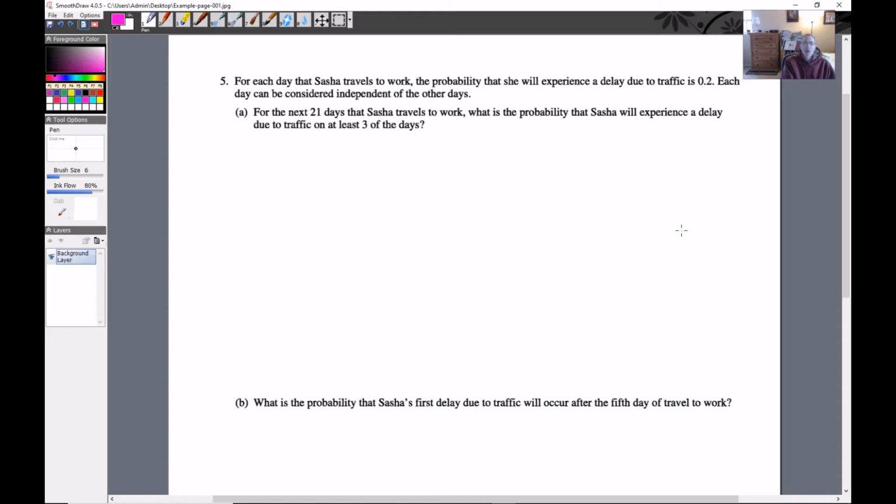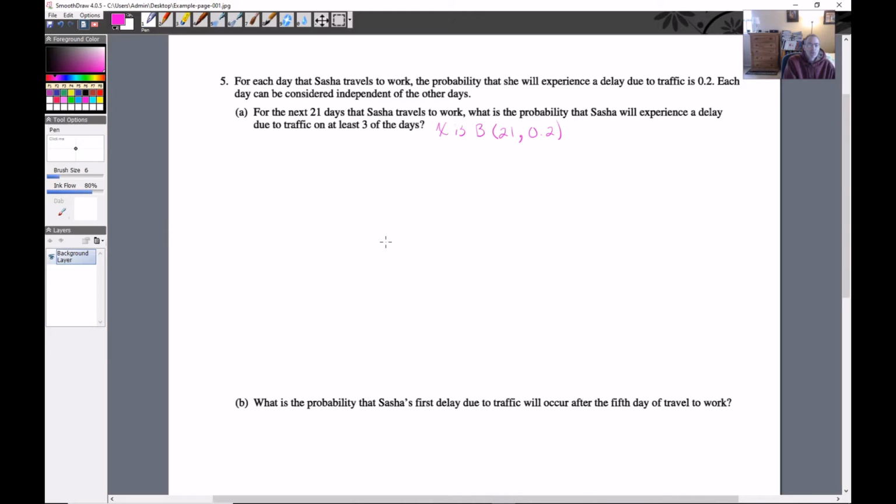So let's just go ahead and indicate that, because this is what AP wants. So let's say that X is binomial with n equals 21, and probability of a delay is constant at 0.2. Now that takes care of a lot. It's telling the reader that we know what's going on, that we know what the question is asking, and how we're going to approach it.